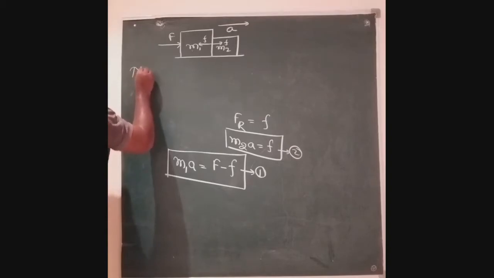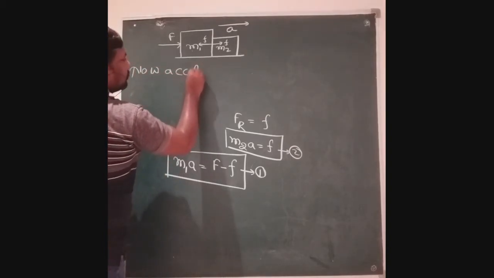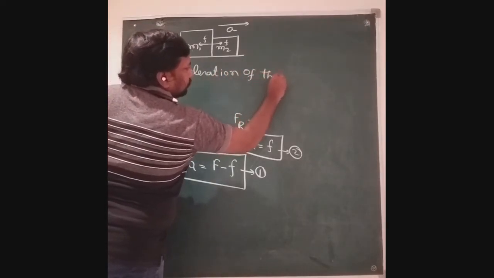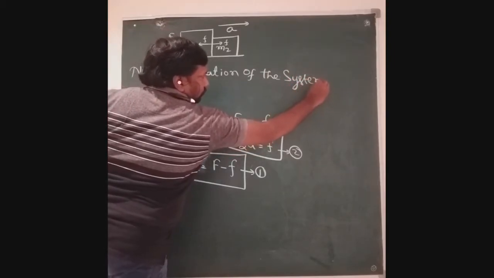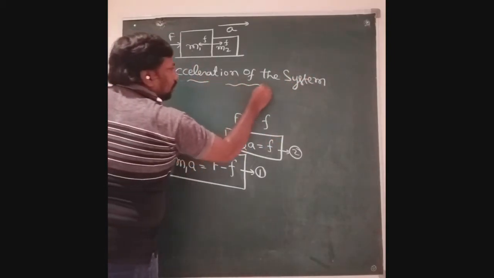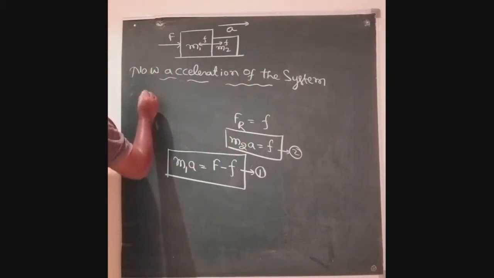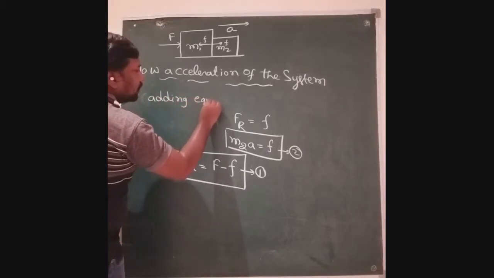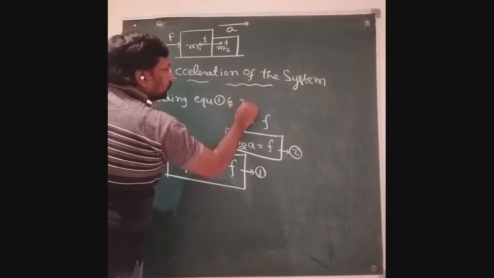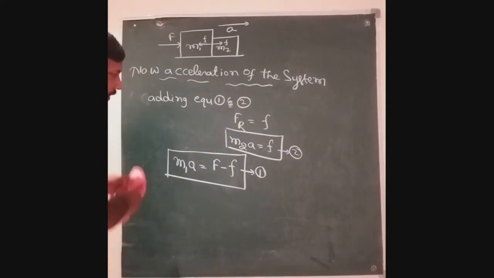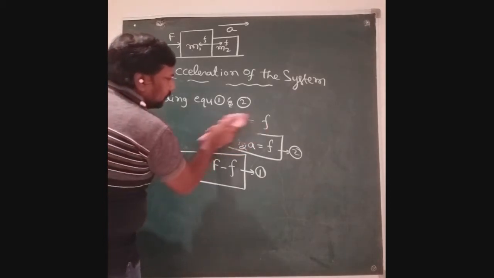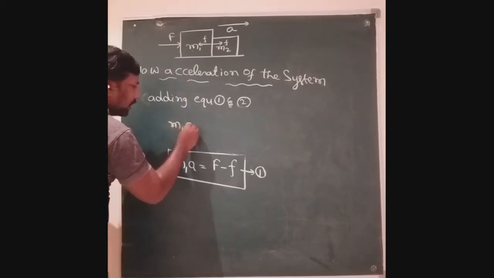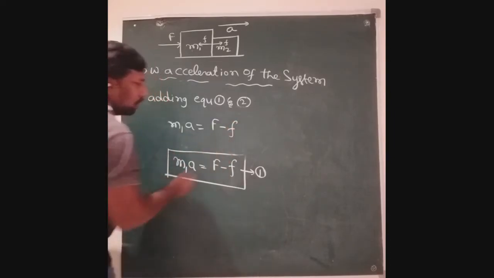Now acceleration of this system. Adding equations 1 and 2, we get the acceleration. Here equation 1 is m1a equals F minus small f.